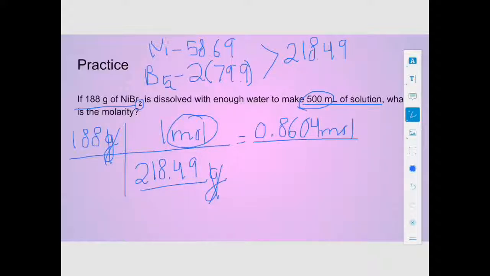Now, if you remember, 500 mils is half of a liter. We found that by going 1, 2, 3. So 0.5 liters. We go ahead and divide those out in our calculator, and we are going to get a molarity of 1.7209 molar. That's how you do it.